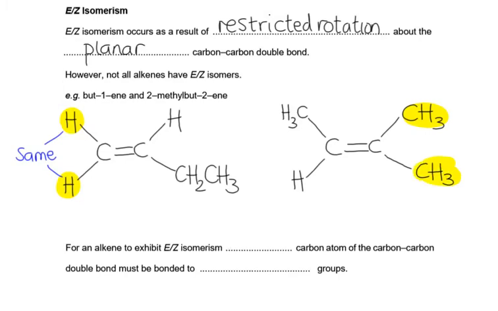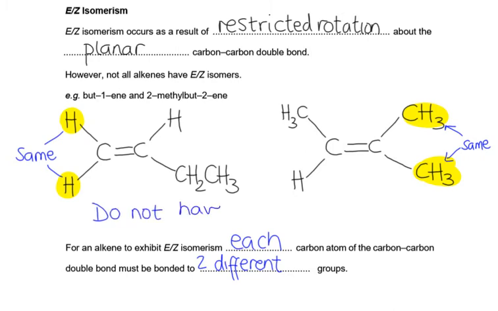These two are the same, and so they will not make different structures even if there was rotation. For an alkene to exhibit EZ isomerism, each carbon atom of the double bond must be bonded to two different groups. So these two do not have EZ.